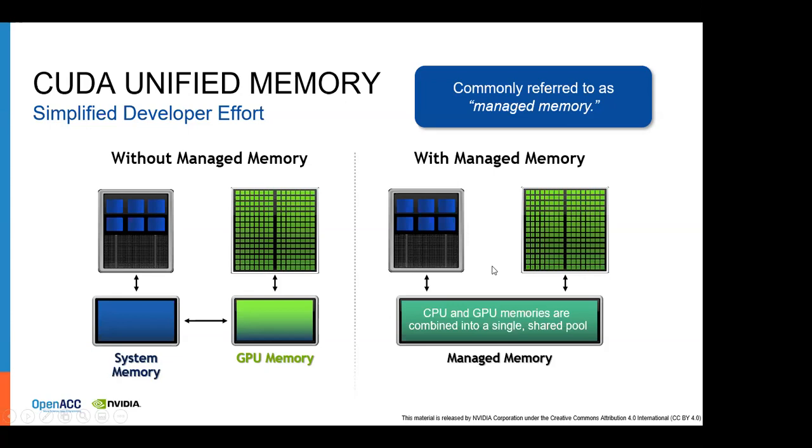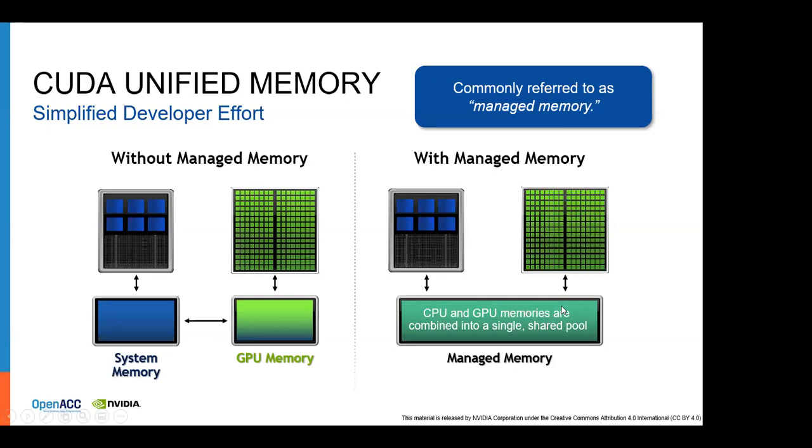When you have managed memory, you have only one logical memory, and you have pages which will reside either on the CPU or on the GPU, and will be moved by the operating system. When I say operating system, I mean it in a broad sense: the Linux kernel and the NVIDIA drivers.